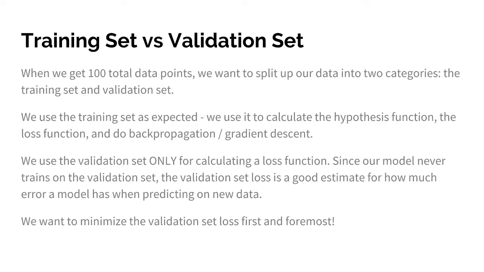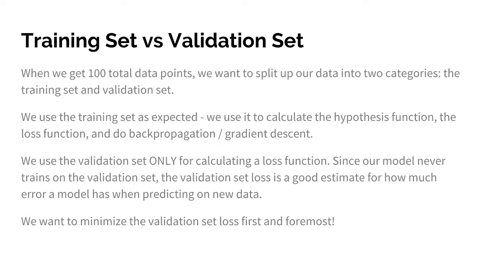Secondly, I want to introduce this concept of having a training and validation set. Let's say in general, when we're doing machine learning, we get 100 total data points to train off of, and we want to produce the best possible model with just that data. Generally, we want to split up our data into at least two categories: the training set and the validation set.